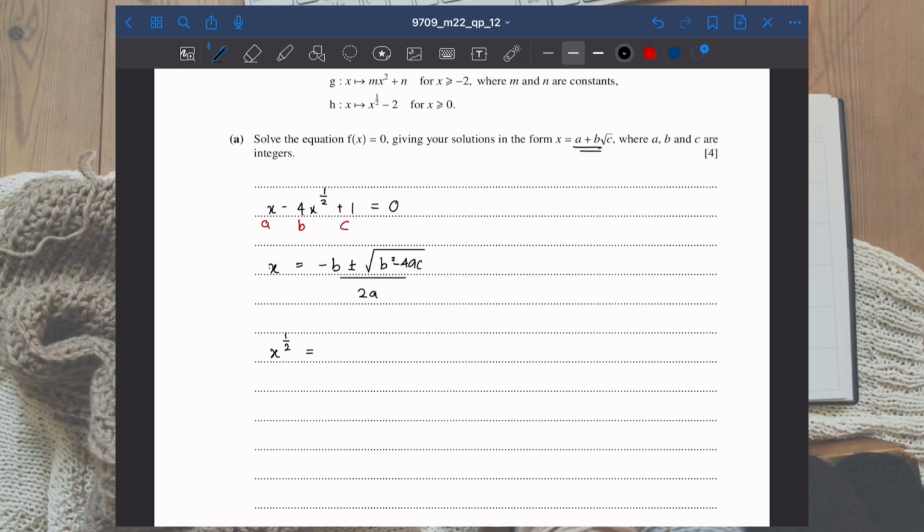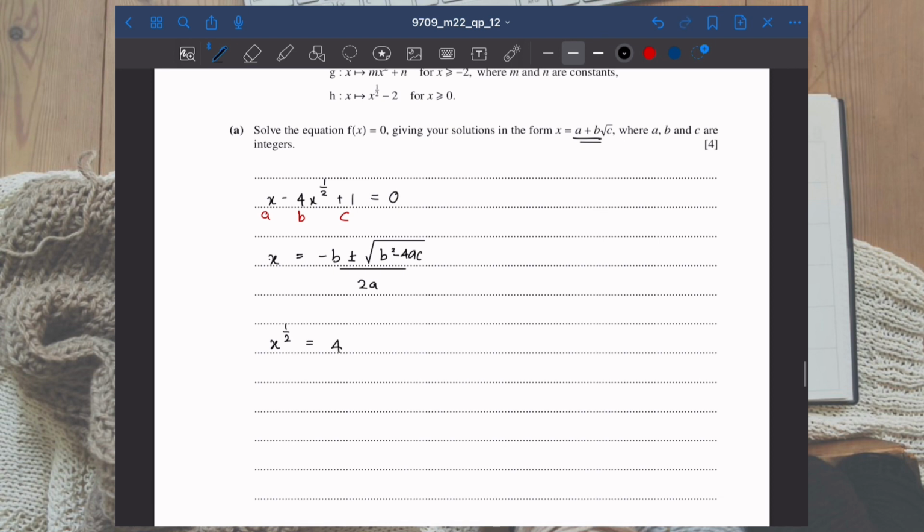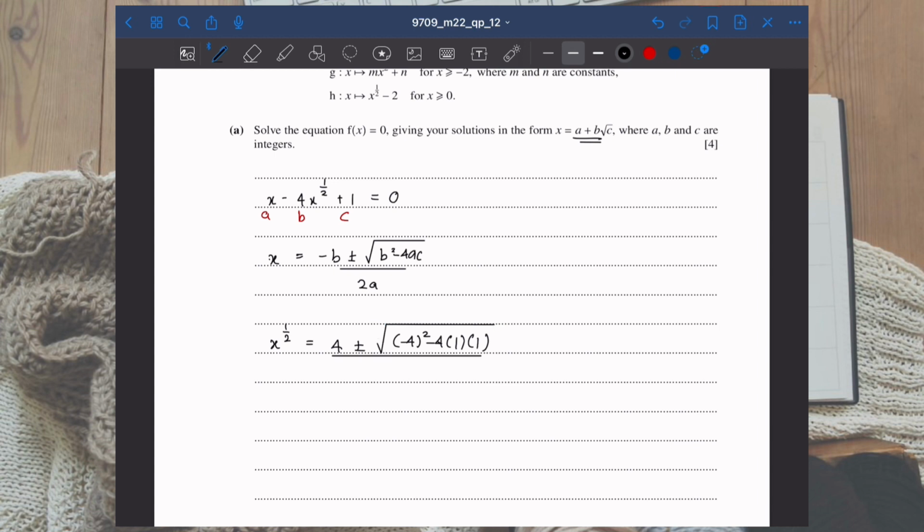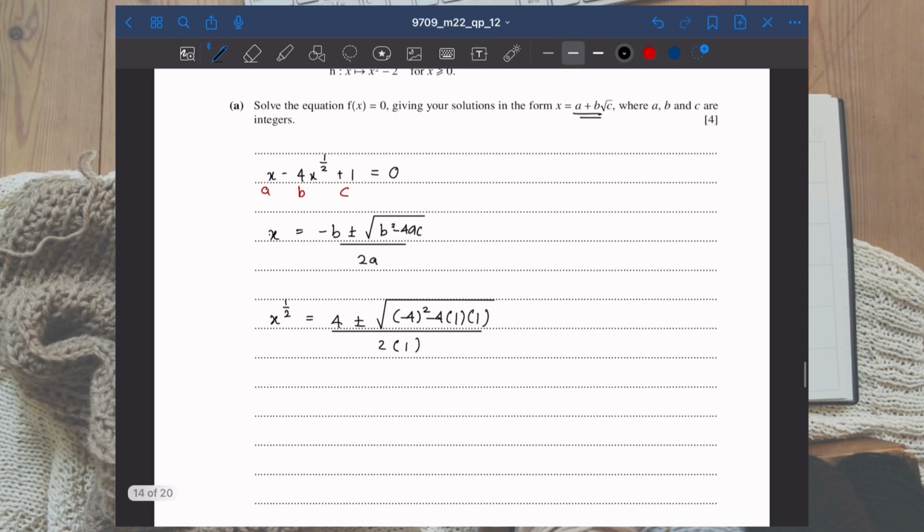So our negative b will be 4, plus minus negative 4 squared minus 4ac. Our a is 1, our c is 1. And then divide by 2a. So 2 times 1.